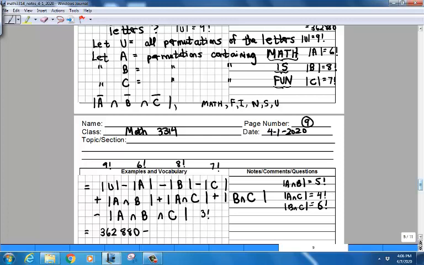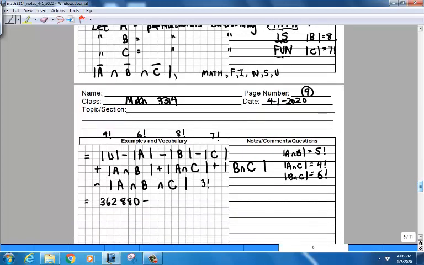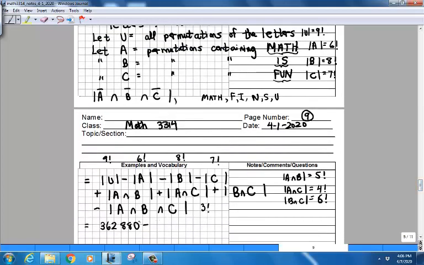All you have to do is fill in these values. Let's see if I know what these are. So 9 factorial is, I mentioned, 362,880. 7 factorial is 5,040. Minus 8 factorial, that turns out to be 40,320.